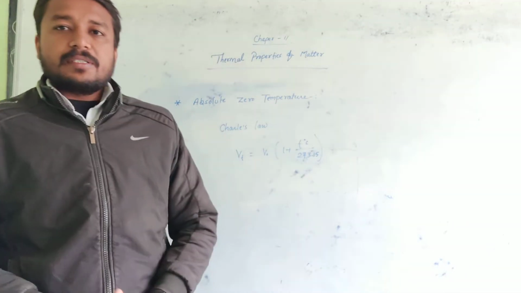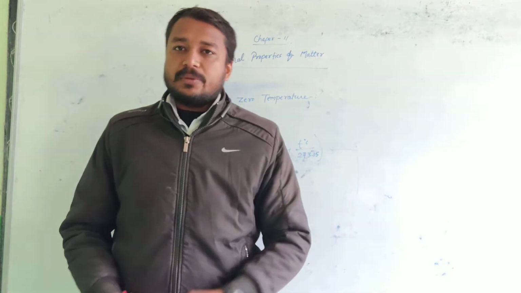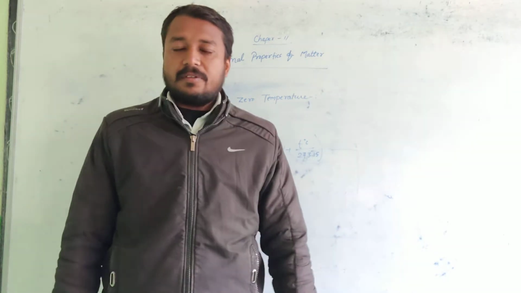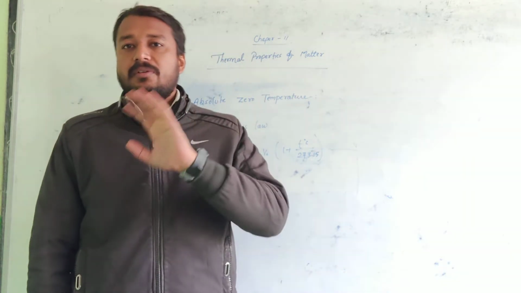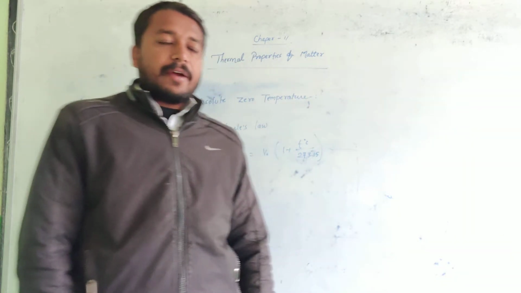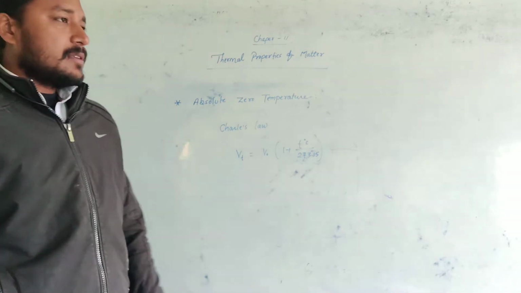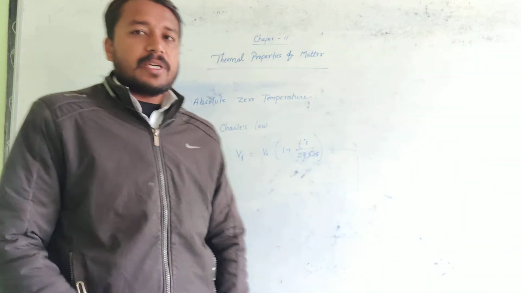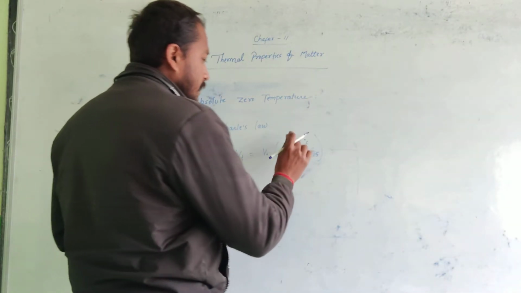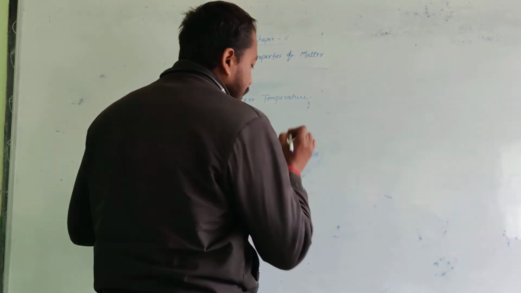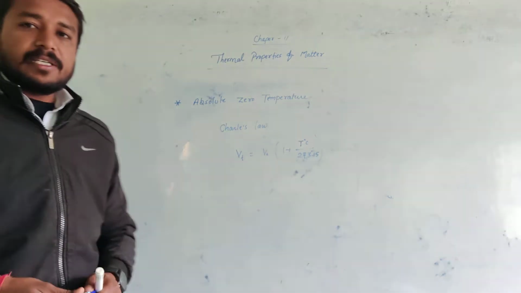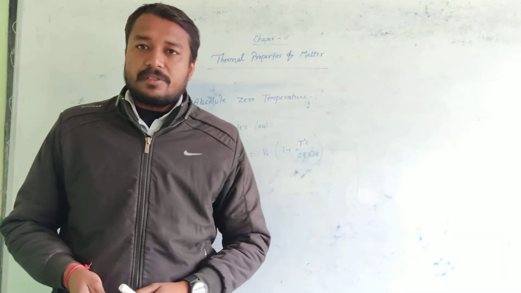Okay. So the next topic is absolute zero temperature. What is the value of absolute zero temperature? According to Charles' law, the volume is directly proportional to the temperature. Means when the temperature of any object increases, the volume will also increase, and when the temperature of any object decreases, the volume will also decrease.